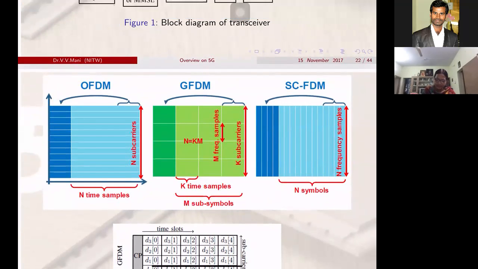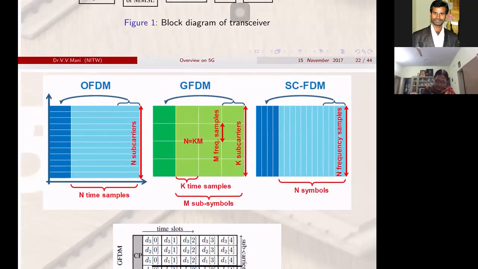Now how are these two merged together to go to GFDM, generalized frequency division multiplexing? If you look at this scenario, my N is actually K times M. So I'm using N time samples across all the subcarriers. That means on each subcarrier, I'm using capital N time samples.